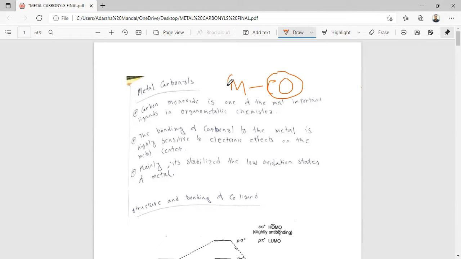That means the electron density on the metal center will affect the carbon oxygen bond order.